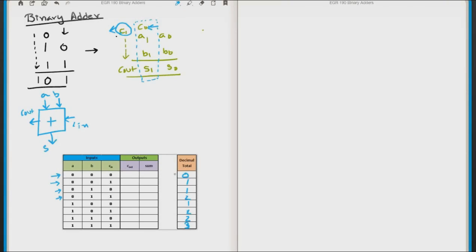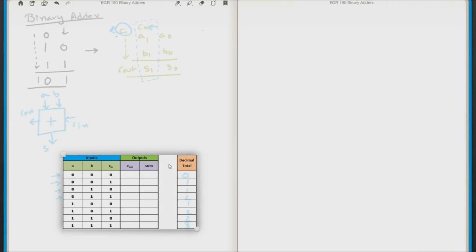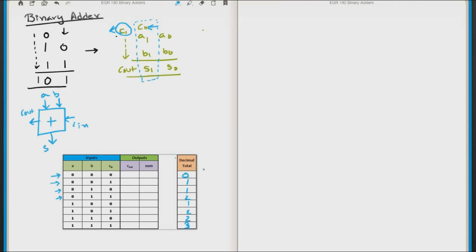Once you write it, the best way to write the output is to take that 0 and write its binary equivalent: 0, 0, 0, 1, 1, 0, 1, 1. Is that right? No, that is wrong.